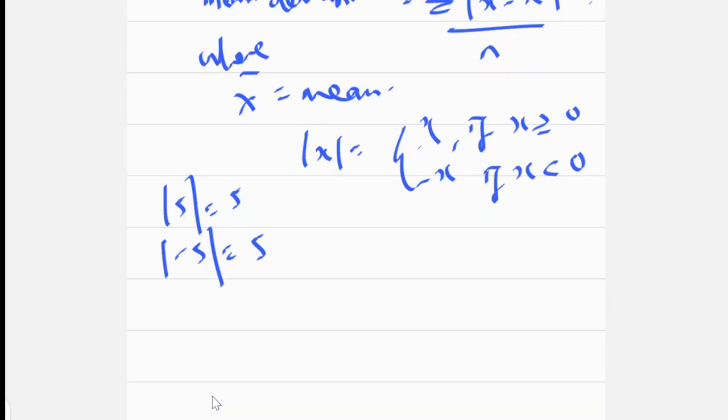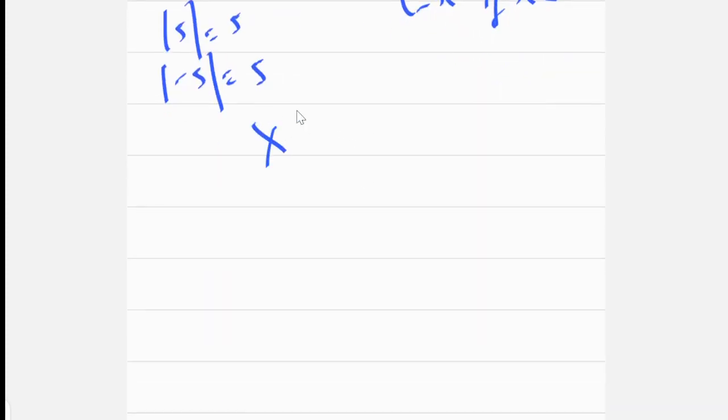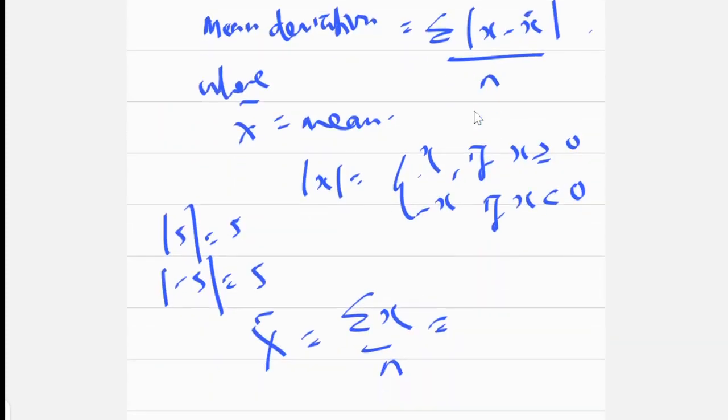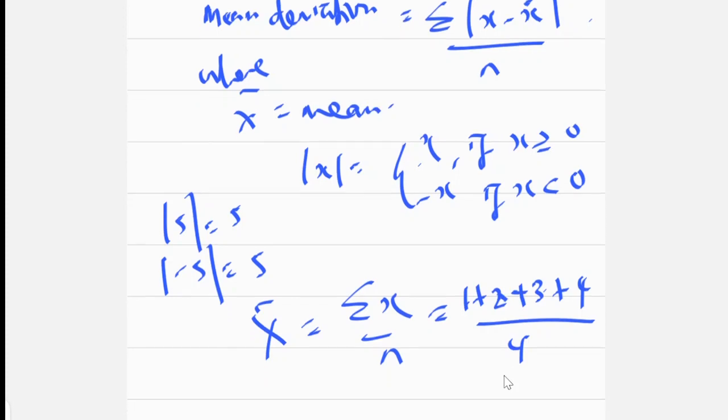So, okay, now let us find our s bar first, that is the mean. Don't forget mean is summation s divided by n. And what are your s? 1, 2, 3, 4. That is 1 plus 2 plus 3 plus 4 divided by 4, we have 4 of them.